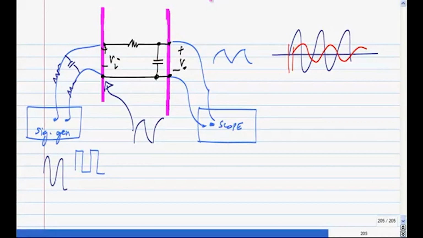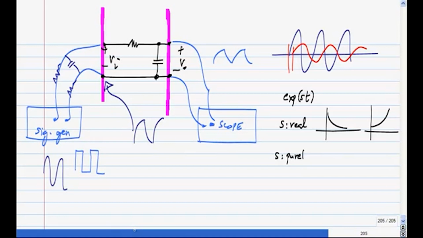Could we use exponentials? That is, exponential e^(st) with a real s. If you have exponential e^(st), that's a general exponential. You can have real s, which means that you have waveforms like this if s is negative, or like that if s is positive, and s purely imaginary, it's a sinusoid with a constant amplitude.